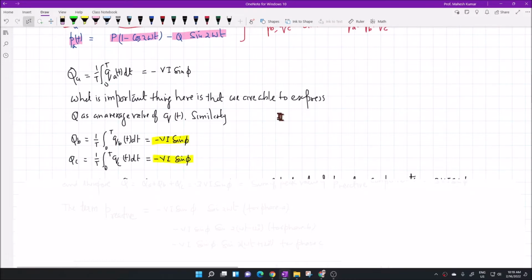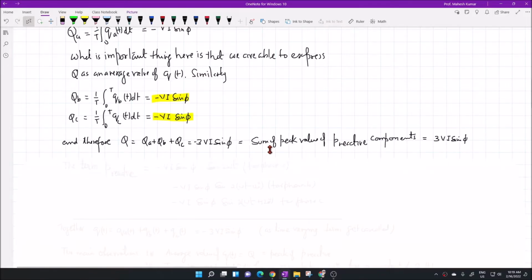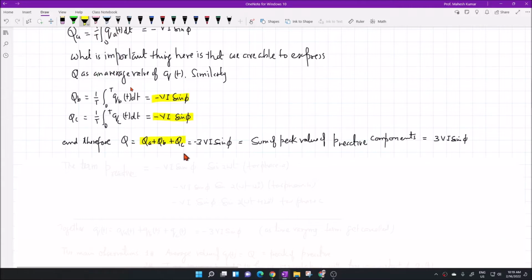If we add all these three components together, we get the three phase reactive power as the sum of QA plus QB plus QC, and this value is equal to minus 3BI sin phi, which is the sum of the peaks of the P reactive components of instantaneous power.